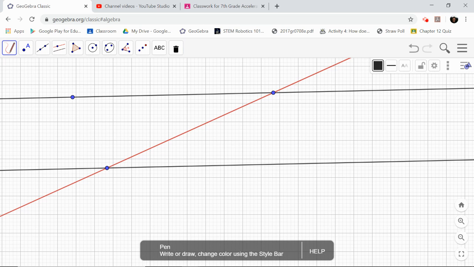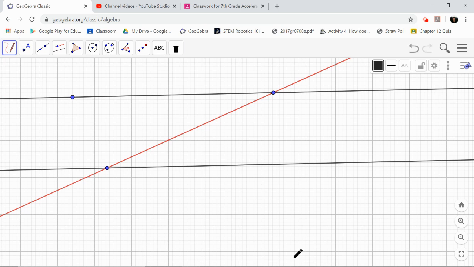Anyway, the other type of angles that are formed are like the inside corners. If you visualize this Z here, that's the way I think of it. If you look at that Z, the inside of the Z, like that and that, those are called alternate angles, specifically alternate interior.